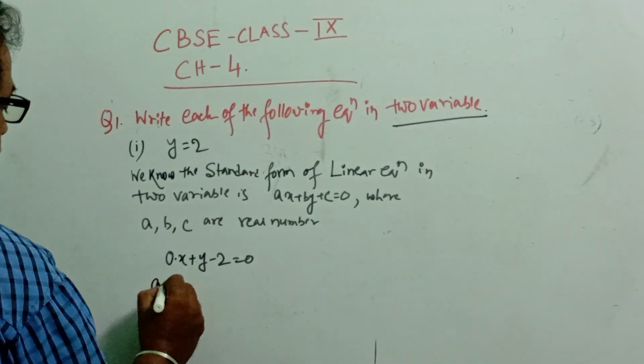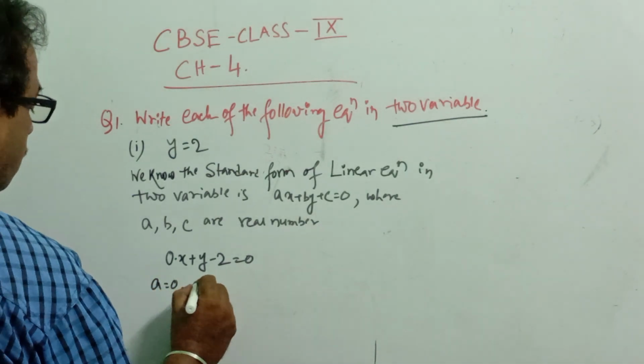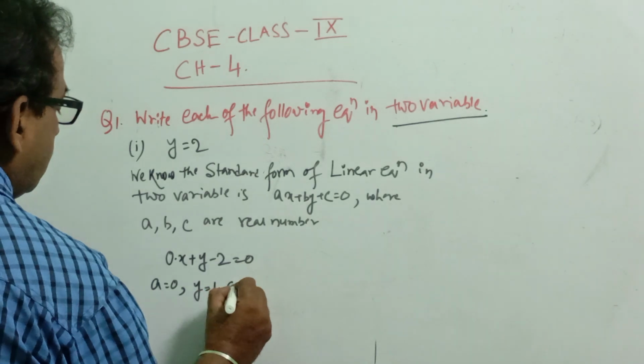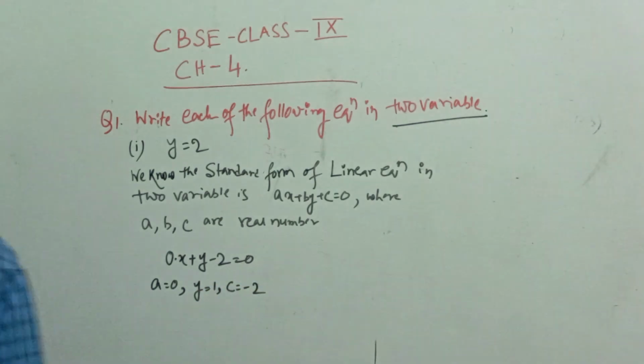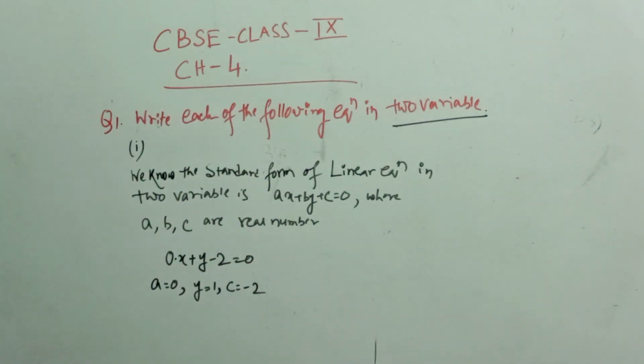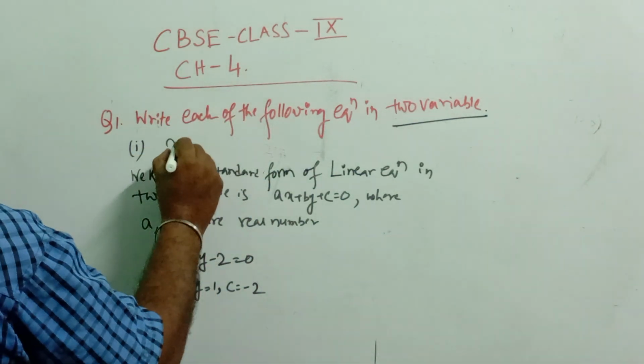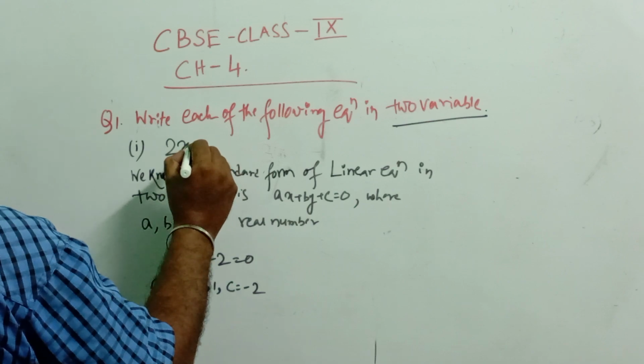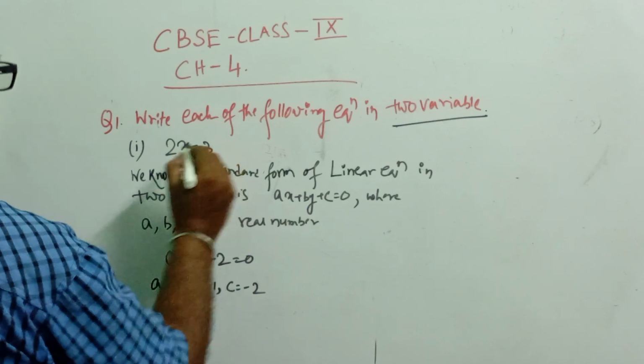So a is equal to 0, b is equal to 1, c is equal to minus 2. Now third one they have given, 2x is equal to 3.